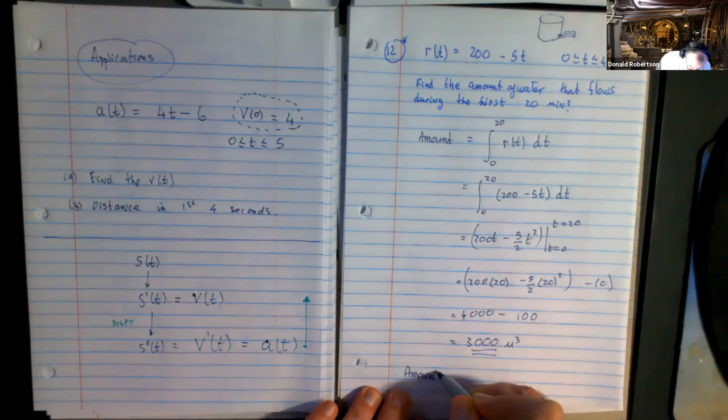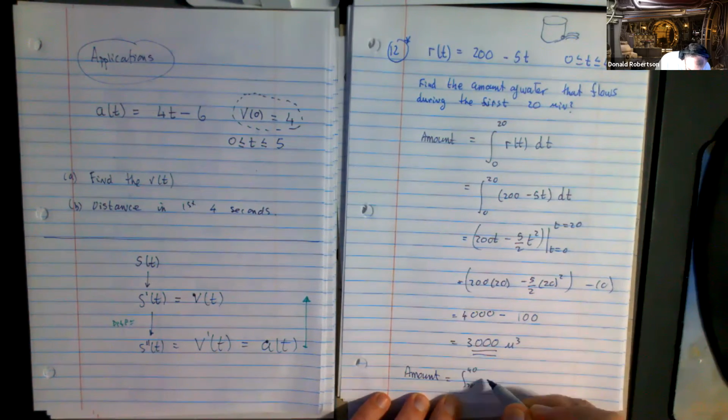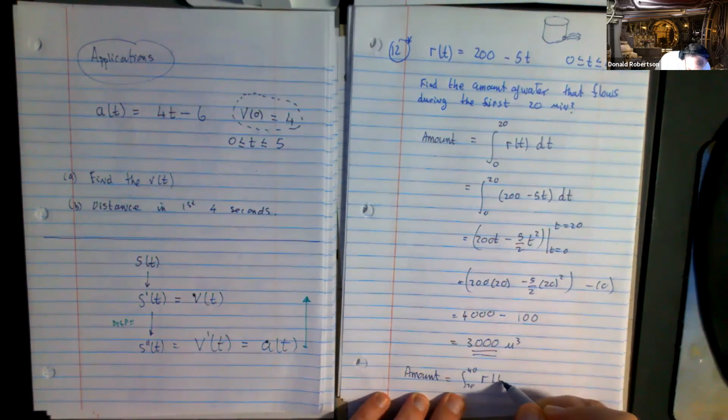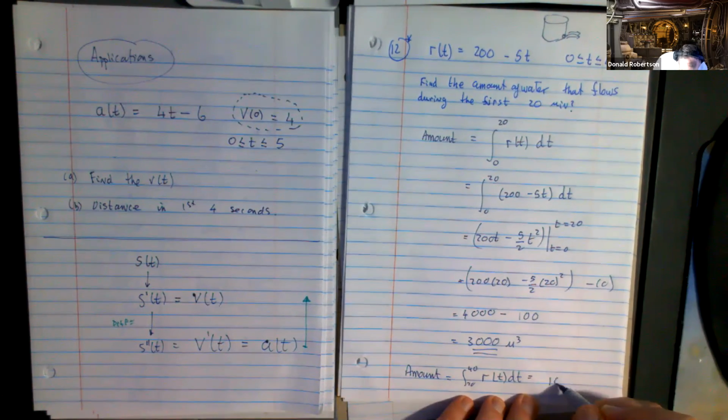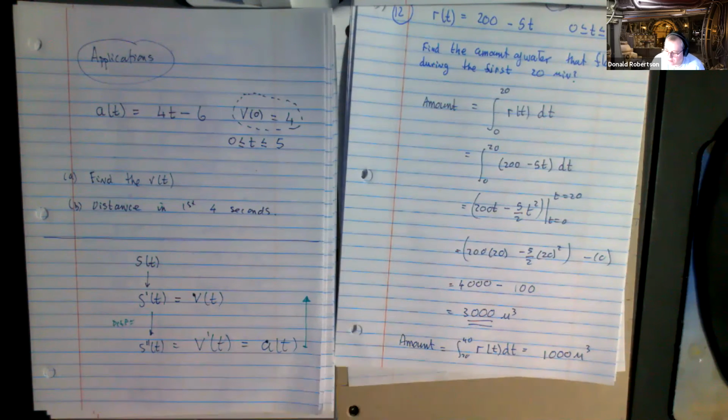I'm not going to do the question, I'm just going to tell you the answer. If you find out how much liquid has left during the last 20 minutes, it's that. Why are they not the same?